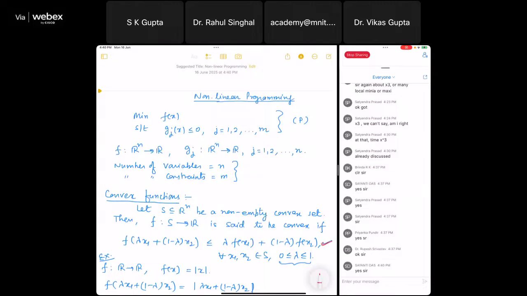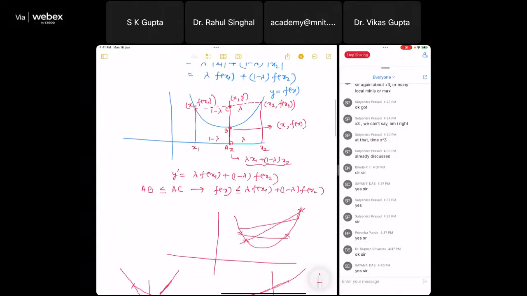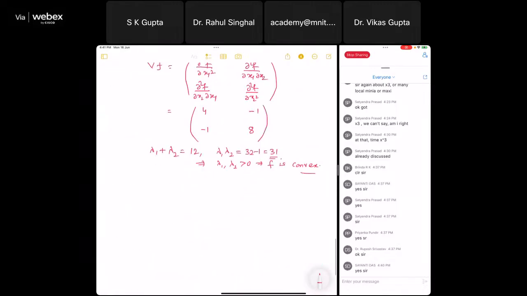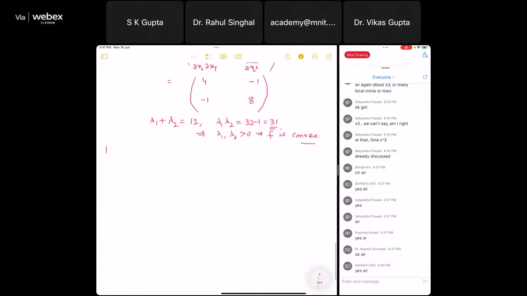Those conditions are basically the convexity of the objective function and the constraints. If the objective function and constraints are all convex, then we are able to find the optimal solution of such problems. These conditions are given by Karush, Kuhn, and Tucker, and that's why we call them the Karush-Kuhn-Tucker conditions. What are those conditions? Let us see. First of all, what is a necessary condition, and then we will see the sufficient conditions.